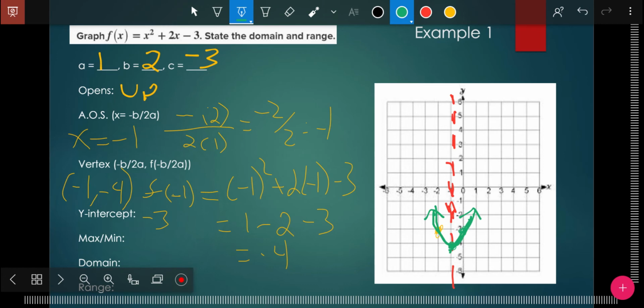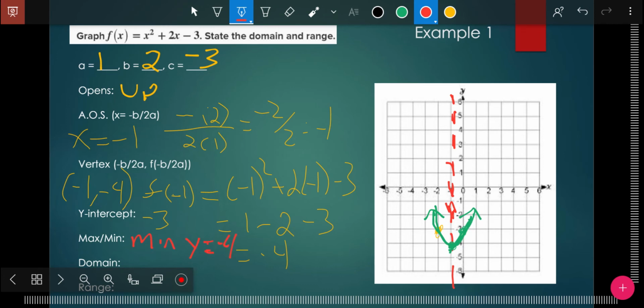Now let's talk about the other features that we have left. We need to know, is that a maximum or minimum? Well, it opens up. So the vertex is at the bottom. The vertex is here, it opens up. So the vertex is down here at a minimum value. And so it's a minimum, and it's at y equals -4.